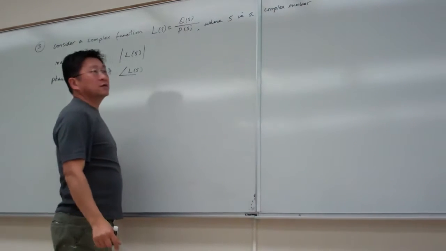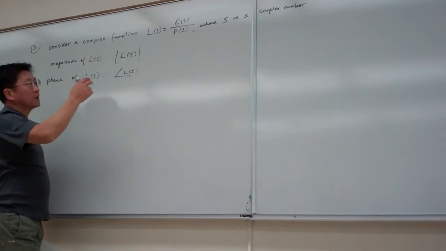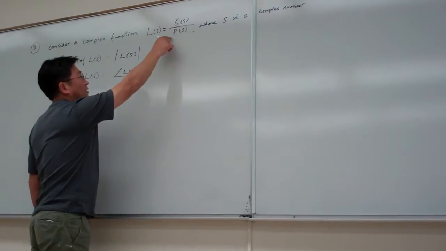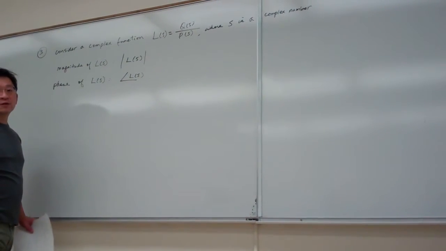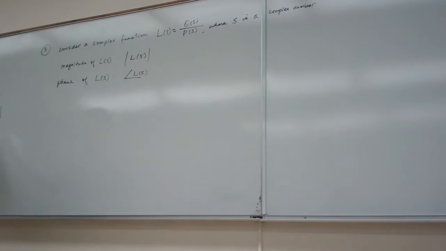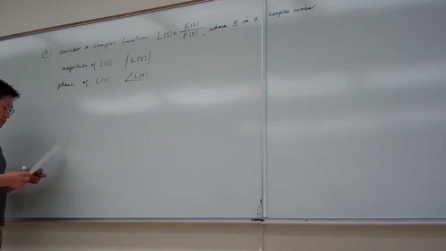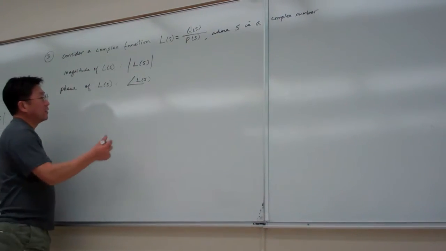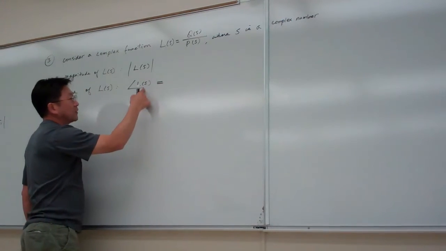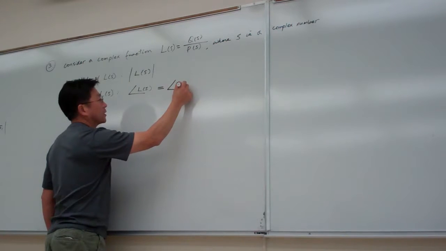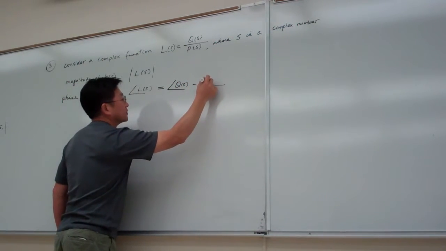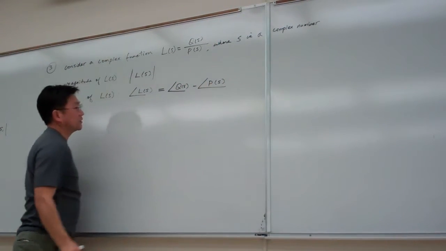You simply calculate the value of S and plug it into this function. You implement the calculations, and then you repeat the whole thing here. And furthermore, for this one, the phase angle is the phase angle of the numerator minus the phase angle of the denominator here.